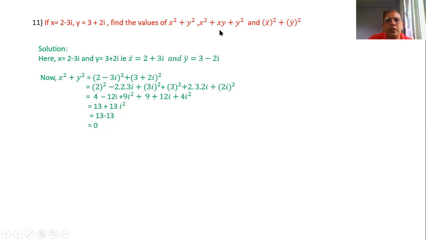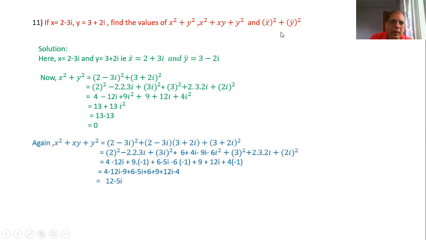So for all these questions, x square plus xy plus y square, substitute the values of x and y, then solve it, and you will get the second answer. It is your work. Now I want to do this third number. For the second number also, you can do it yourself. It is x square plus xy plus y square, and a square minus 2ab plus b square. This way you can expand and you will get the answer.